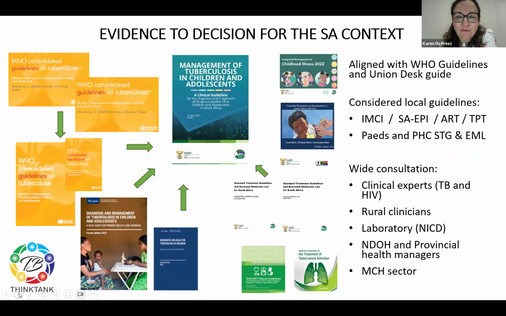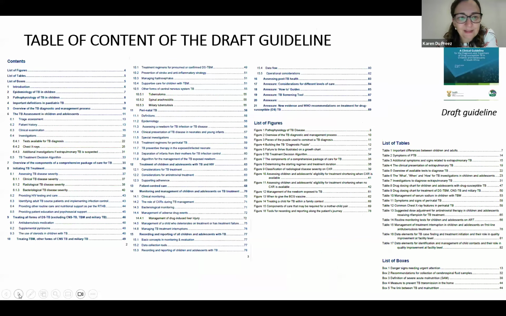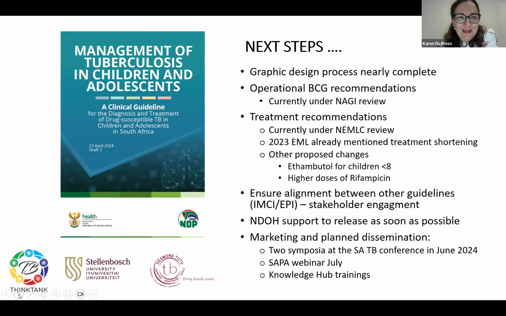Then we had to adapt all of these to the local context and consider IMCI guidance, EPI guidance, STG and EMLs, as well as the new drug-resistant guidelines and the TB preventive guidelines. So it's really an exhaustive document with lots of detail. We try to keep it very practical, but really address questions that people are struggling with.